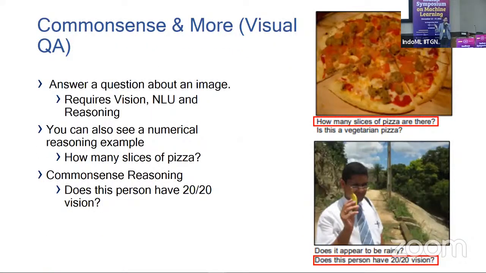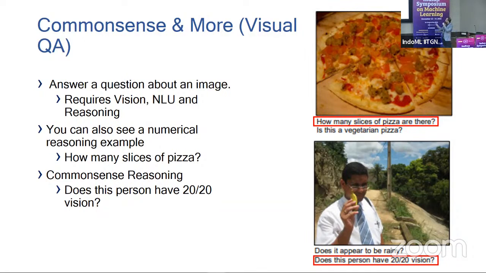Similarly, we have many, many examples, such as common sense reasoning for visual question answering, right? If you look at the bottom question, there is a person wearing spectacles, and we ask, does this person have 20/20 vision, right? So you need some sort of knowledge which is external to the text and the input.